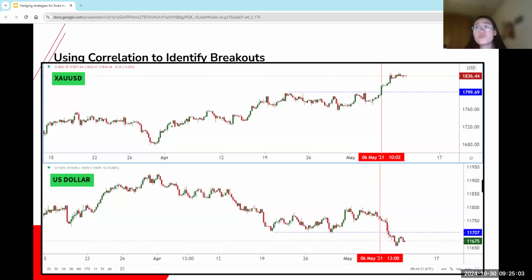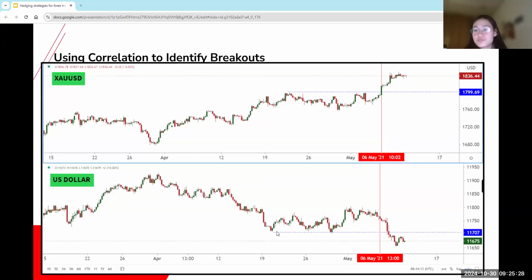But in this example, we're using correlation to identify breakouts. The breakouts we're talking about here are breakouts out of a resistance level, or a support level in the case of the DXY. Here we have a resistance level with two swing highs, and we can see prices breaking out of that resistance level for gold.